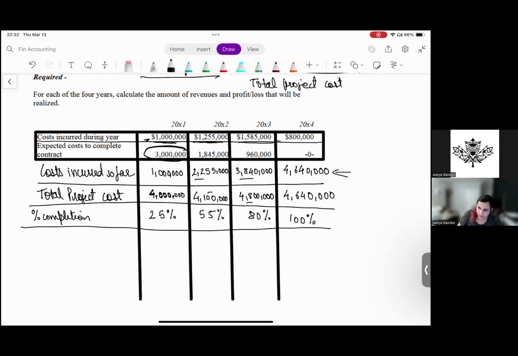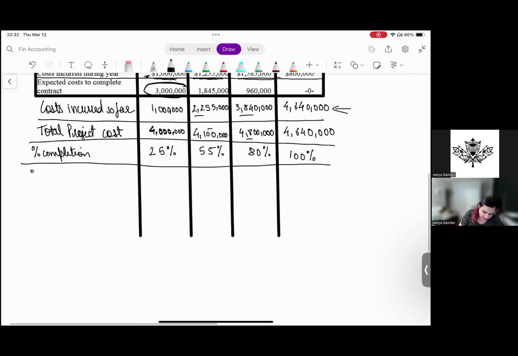Now, the next step, we'll calculate how much the percent completion is for that particular year. As you can see, this is cumulative. This is how much the project is completing in totality. Now let's see how much percent is being completed for each of the following years. So percentage completion in year one: obviously we just started the project, so it's only 25%.